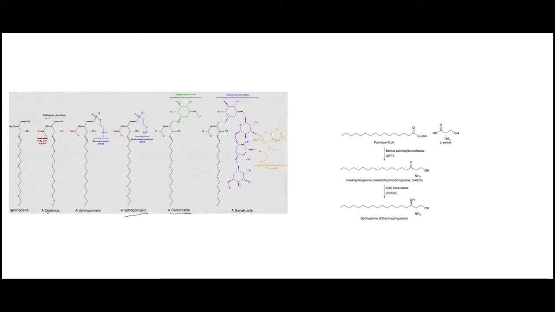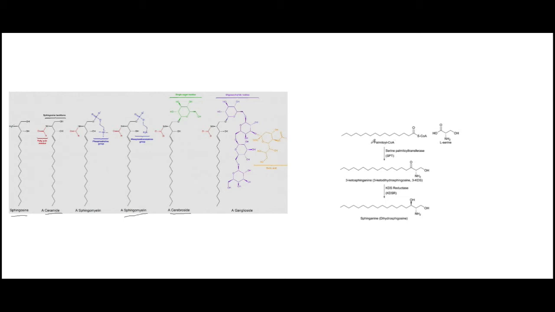So, and ceramide like cerebrum again. So these are all things built off of this sphingosine, which we humans can generate using regular fatty acids.